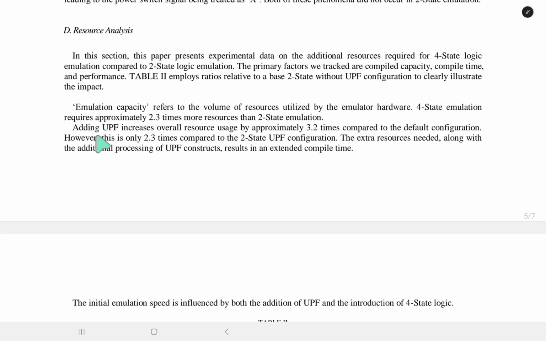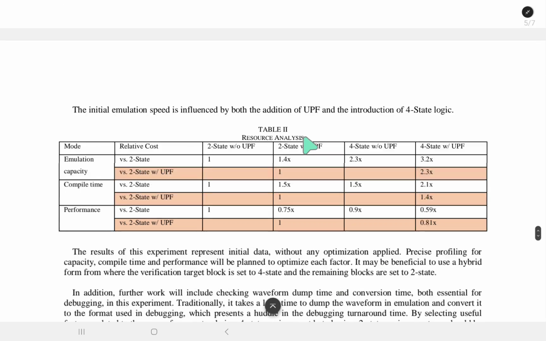However, this is only 2.3 times compared to a two-state UPF configuration. The extra resources needed, along with the traditional processing of UPF constructs, result in an extended compile time.